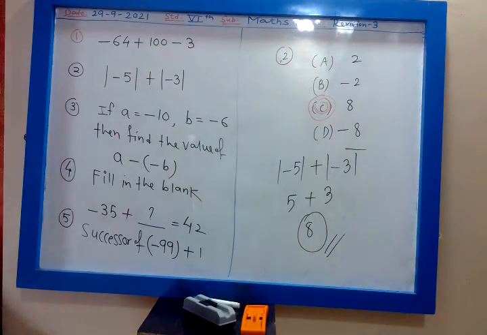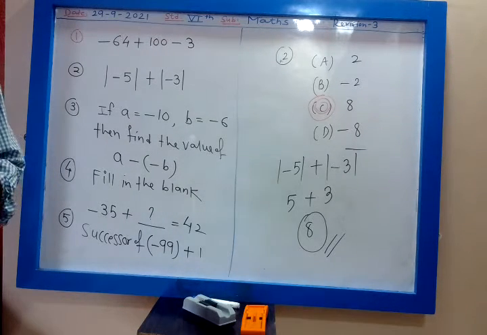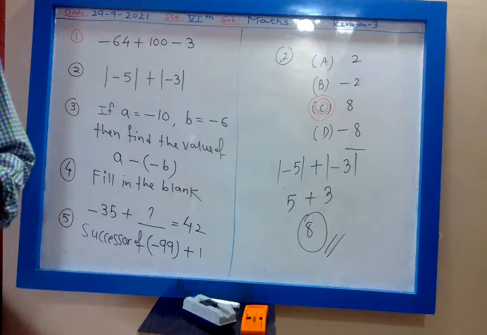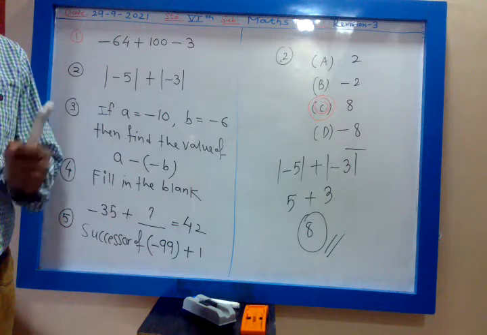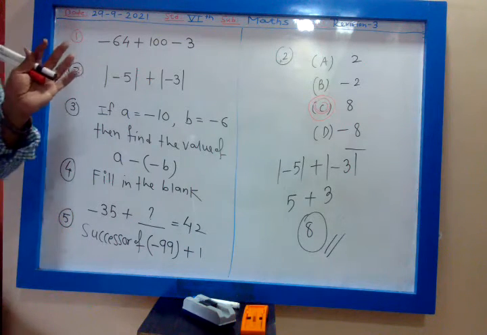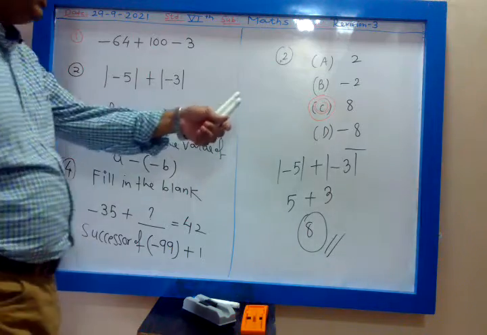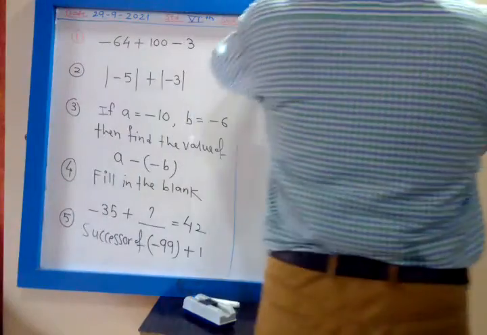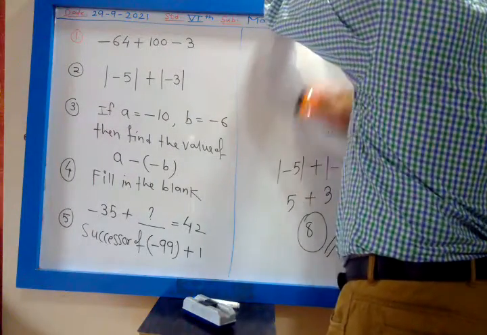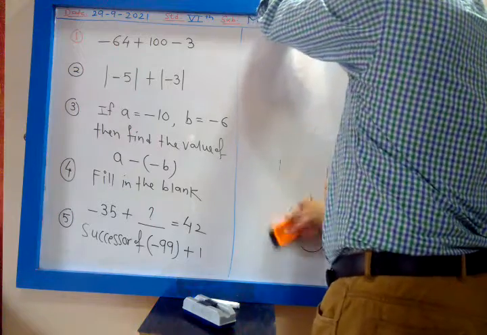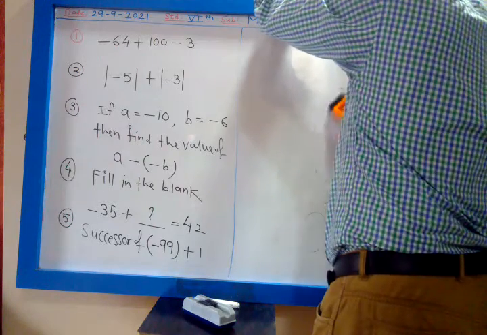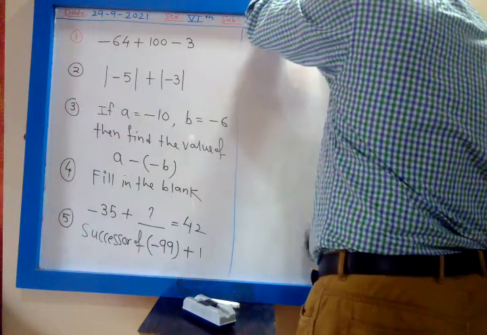Absolute value of any number, whether negative or positive, in both cases will be positive only. So the correct option is C.